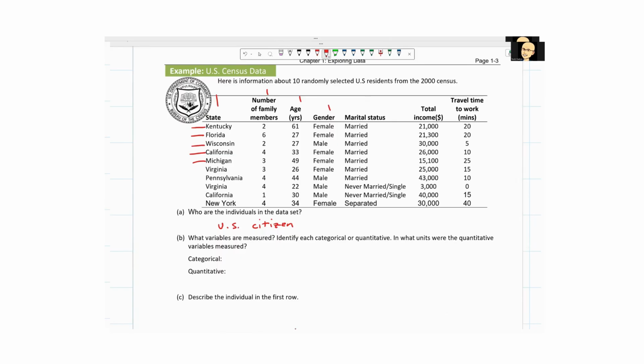And each one of these variables can be thought of as either categorical or quantitative. Let's go through the variables in this data set and see which ones are categorical. Well, I think state, which they live in, is categorical. Let's go to the next one. Number of family members. Well, that seems to be quantitative.